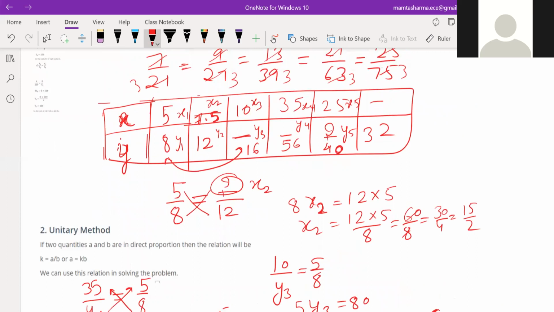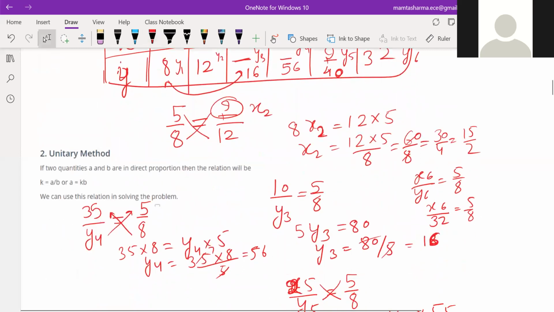Okay. Similarly, you can find out, now here you have to find out X6. This would be X6, Y6. Equate this ratio X6 by Y6 to 5 by 8. X6 you have to find out. Y6 is given, it is 32, equal to 5 by 8.